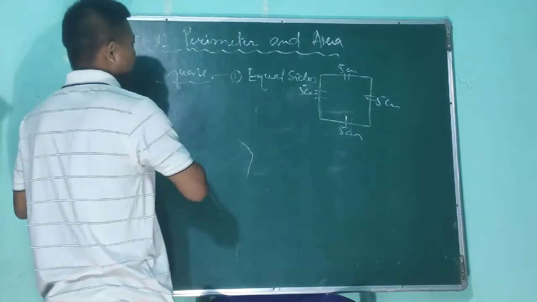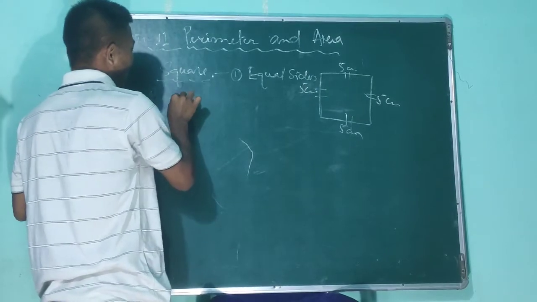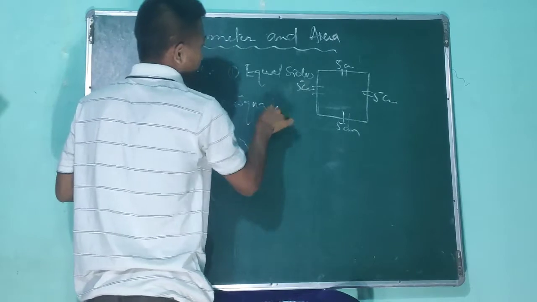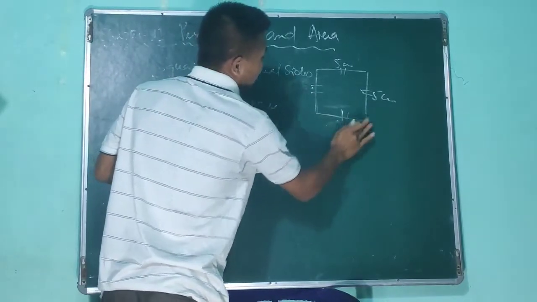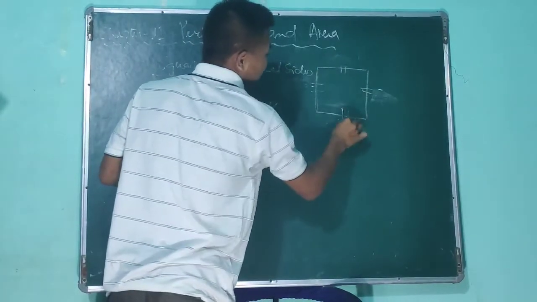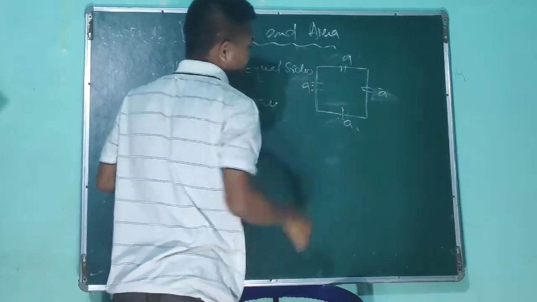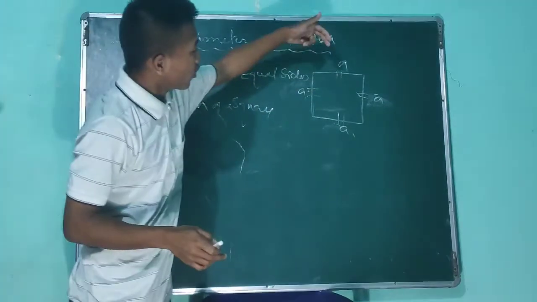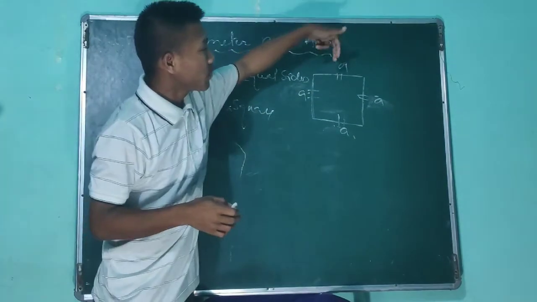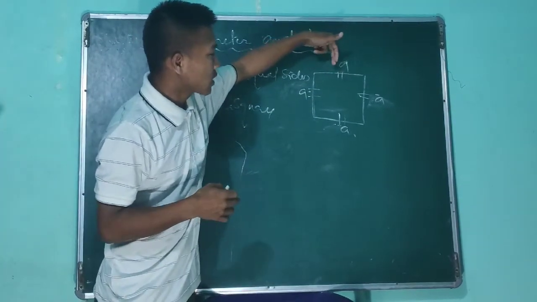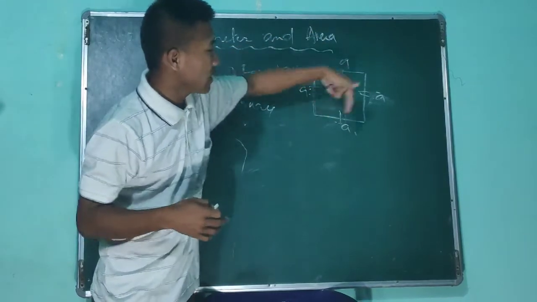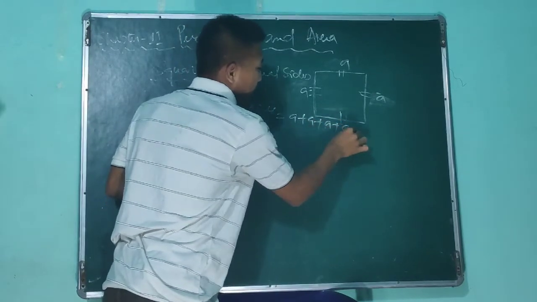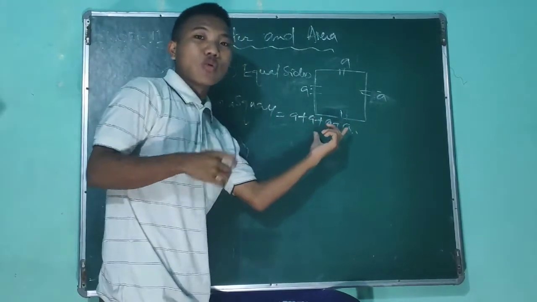Now, perimeter of a square. Let me not give a particular measure here. Let me just say A cm, or just A. Perimeter means you have to add the sum of all these sides, that means A plus A plus A plus A. How many A's are there? 4 A's.